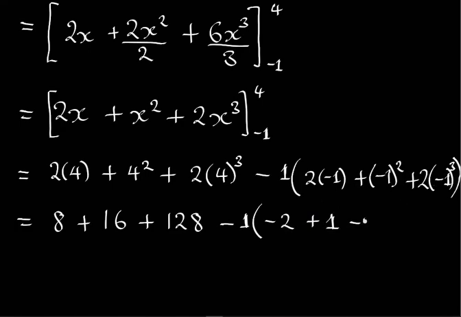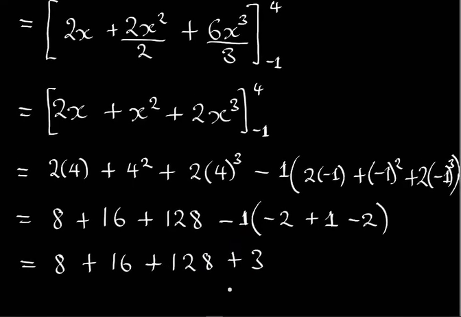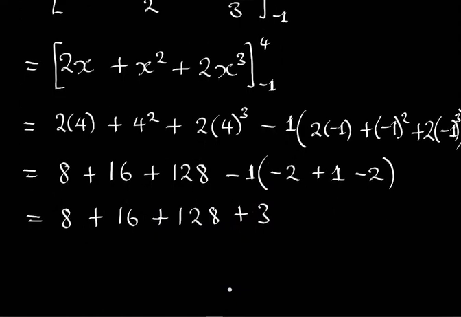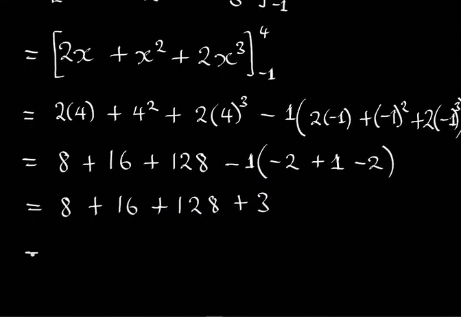Here we have a -2, so -2 minus 2 gives us -4. -4 plus 1 is -3. -3 multiplied by -1 should give us a +3. So what we're working with is 8 plus 16 plus 128 plus 3. And if we do the mathematics here, we should have our answer.